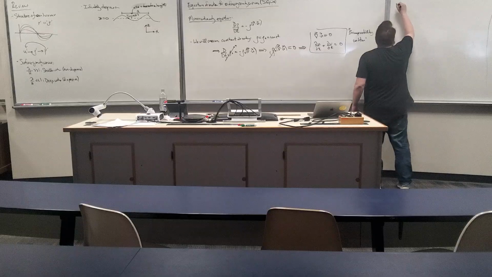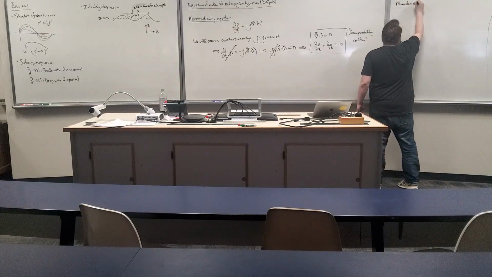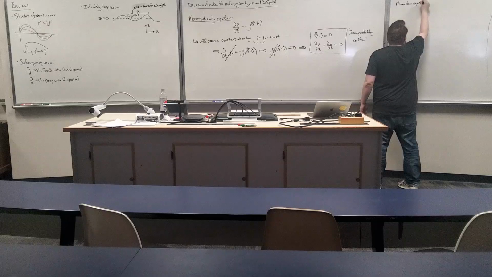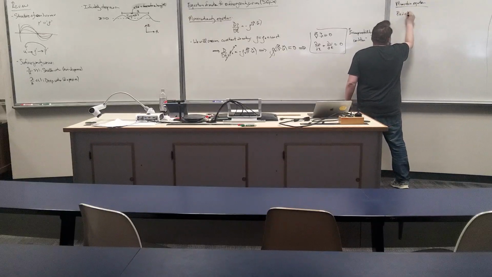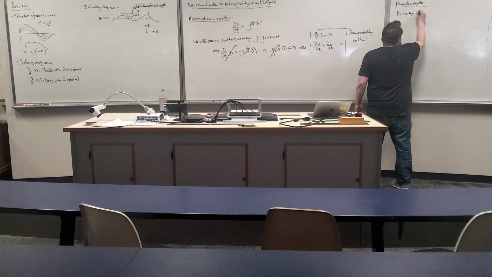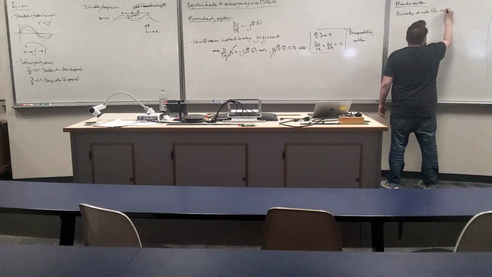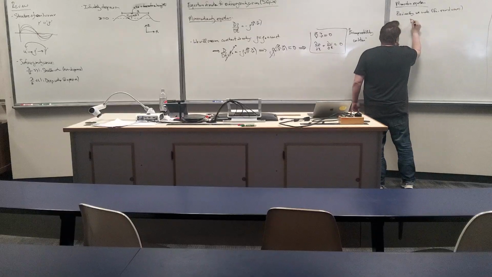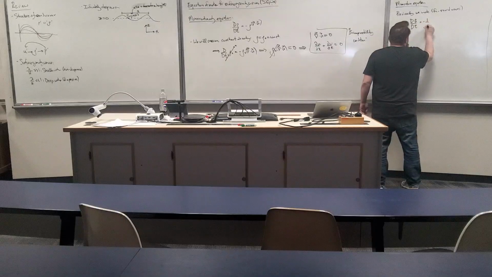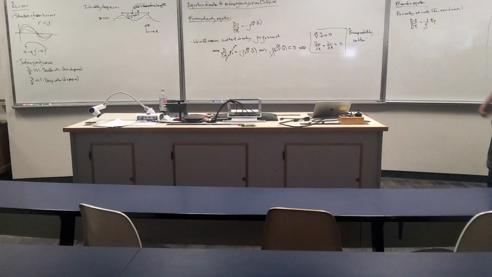So now let's look at the momentum equation. Previously, we wrote for sound waves du dt equals minus 1 over rho times the pressure gradient.